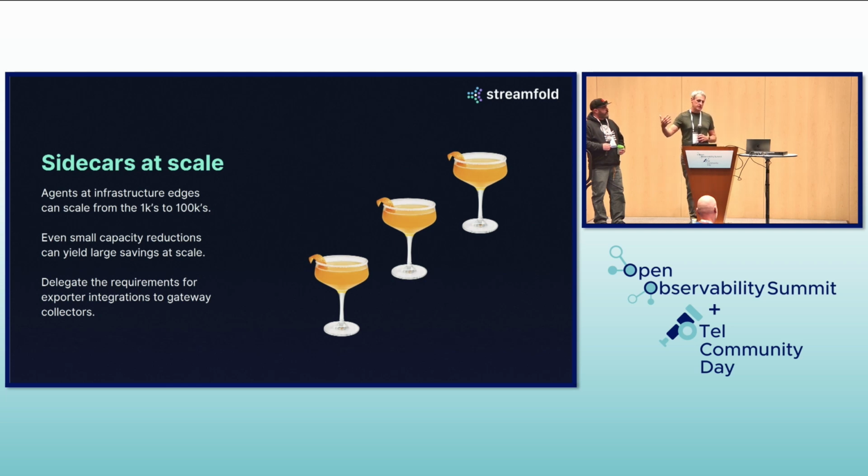Then gateway collectors and aggregating tiers, that's where you can push the more expansive exporter integrations and auth requirements. But if you can still reduce that capacity in those high scale leaf node containers, that capacity savings can be pretty large.